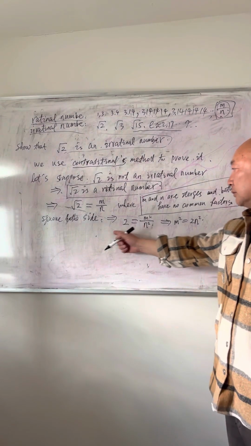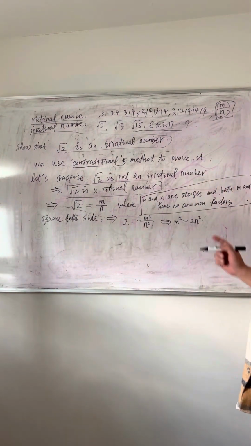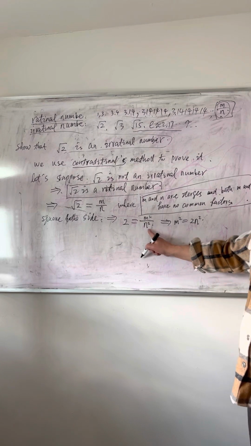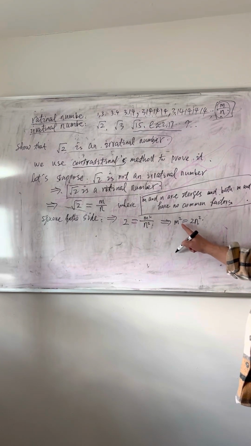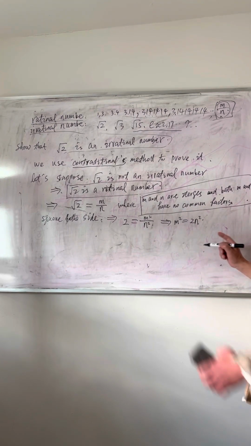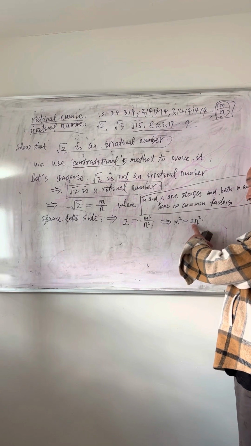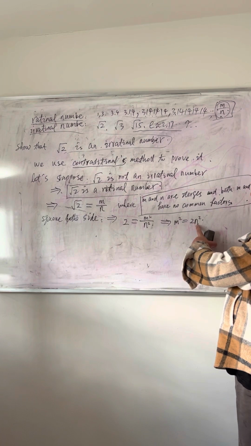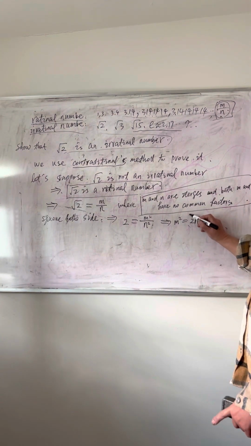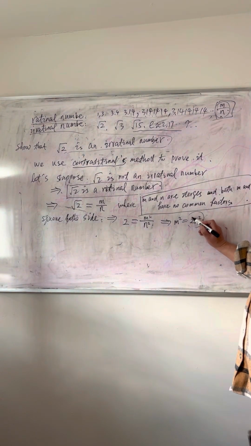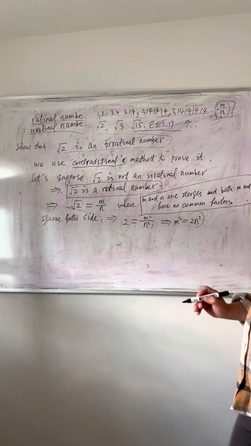Now, we'll continue. This can be written as m squared equals 2n squared. We know any number times 2 is an even number, so 2n squared must be an even number. That means m squared is an even number.